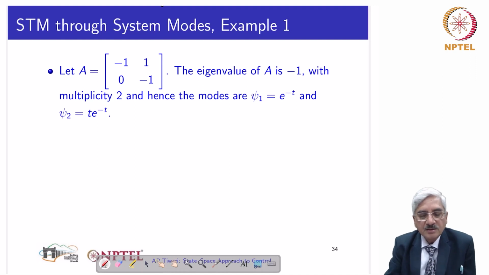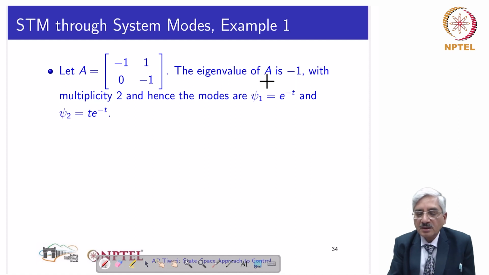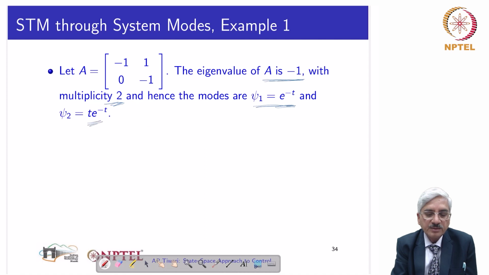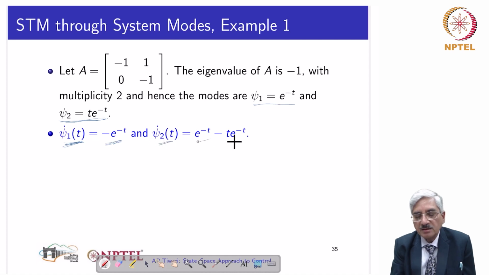We take a system matrix A as -1, 1, 0, -1. We see that the eigenvalue -1 has a multiplicity of 2, and hence the modes will be e power minus t and t e power minus t. And that means psi 1 is e power minus t, psi 2 is t e power minus t, and so psi 1 dot is minus e power minus t, and psi 2 dot is e power minus t minus t e power minus t.